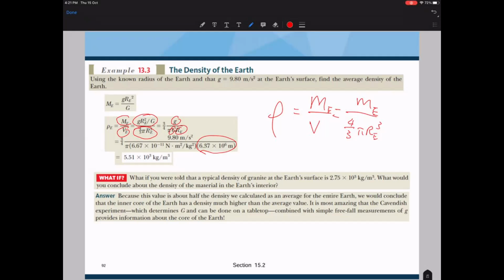It actually gives you some further clue of the composition of the Earth. Given that the density of the Earth is around 5,000 kg per meter cube, but the rock density, typical rock of granite, has only the density of 3 times 10 to the power 3 kilogram per meter cube. That means some mass is missing.